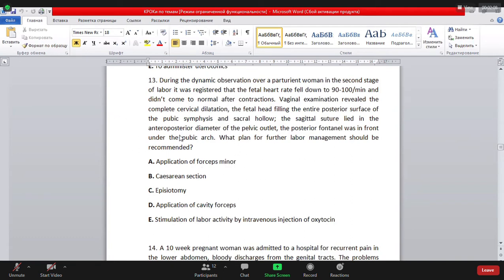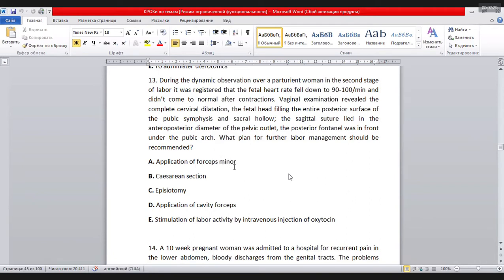Of course, you see here, application of forceps minor. Do you remember I explained to you? It may be application of obstetric forceps, maybe forceps minor. Forceps minor means outlet forceps or low forceps, and it is the right answer, because the fetal head is on the pelvic floor.